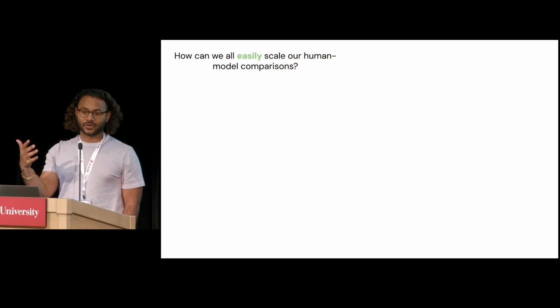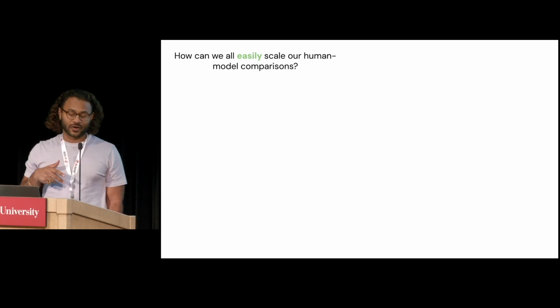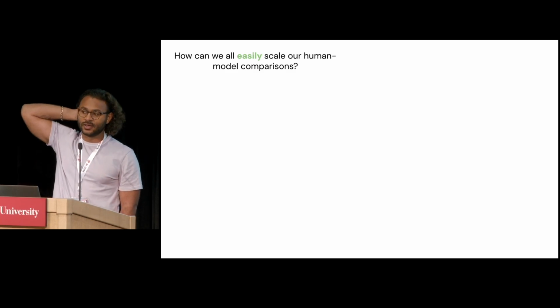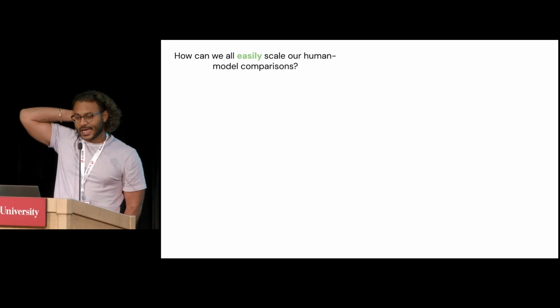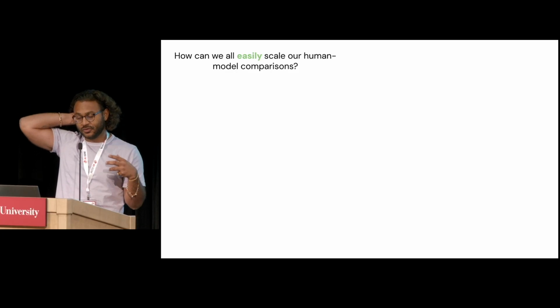The kind of problem motivating this project was how do we easily scale human model comparisons, human AI comparisons? A bit about me is I came from machine learning. I did my PhD in deep reinforcement learning. And then after doing that, I was really interested in developing cognitive science models where you want to build a model and compare it to humans.